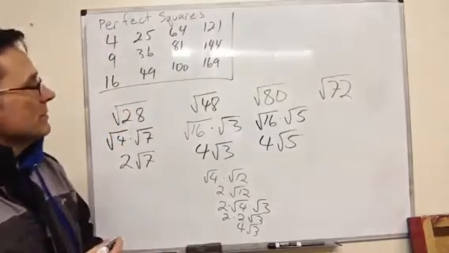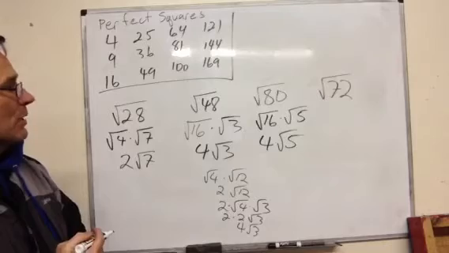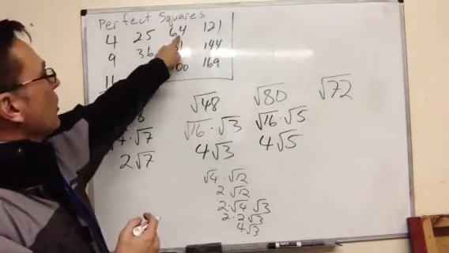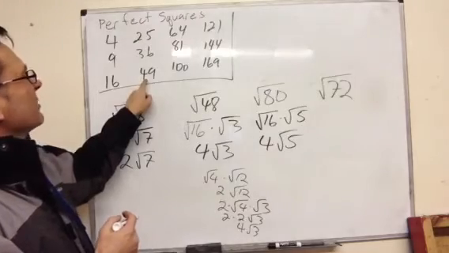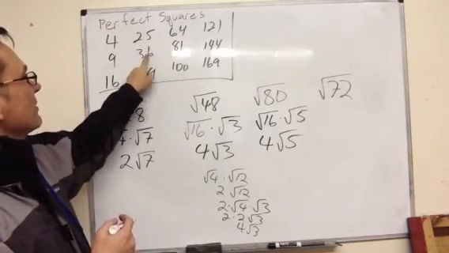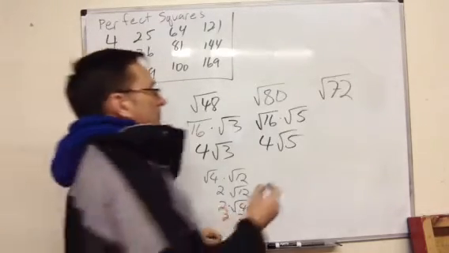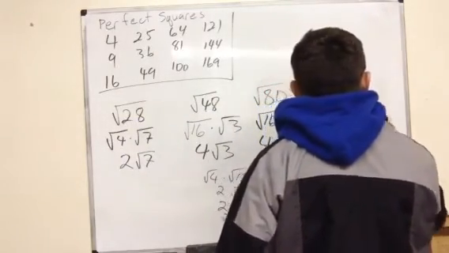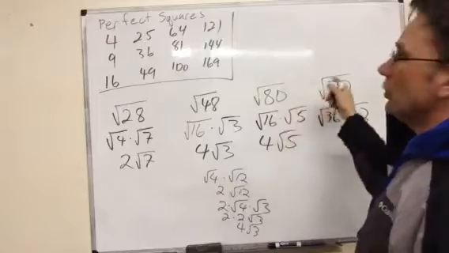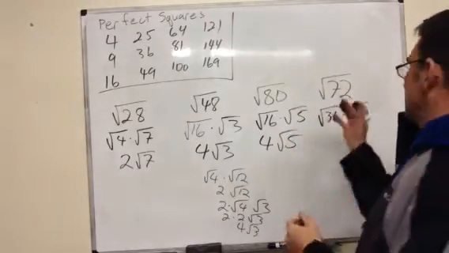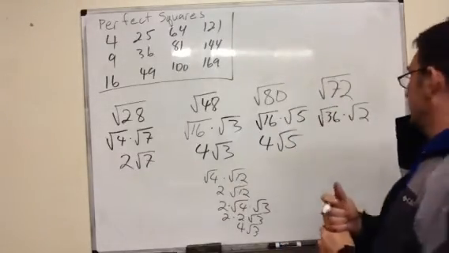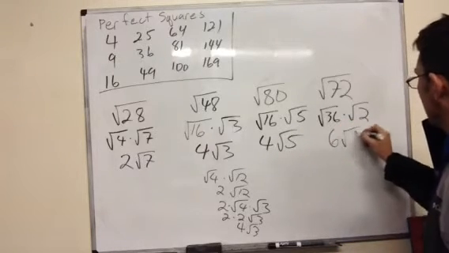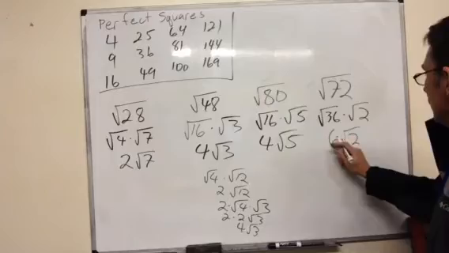The last one, 72. Again, we want to think about the largest one. So 64 doesn't work, 49 doesn't work, 36 does work. 36 goes into 72 twice. Maybe you'd want to use 9 and 8, but then you'd have to reduce the square root of 8 again. The square root of 36 is 6, and it ends up being 6 times the square root of 2.